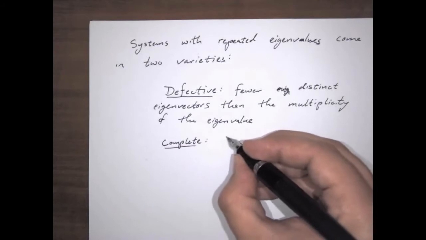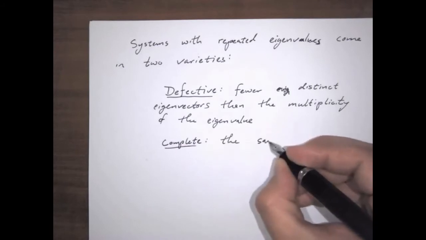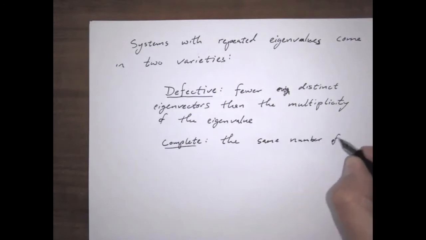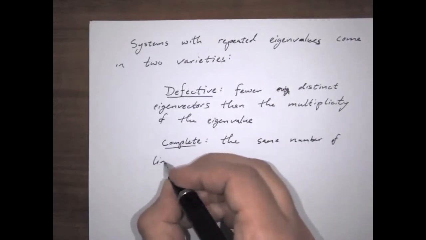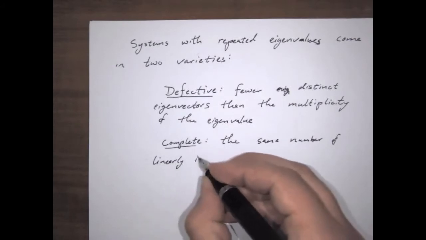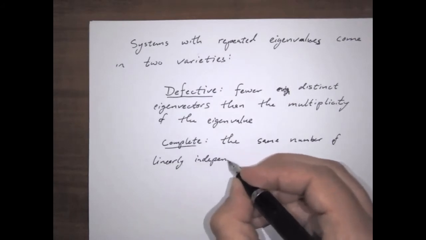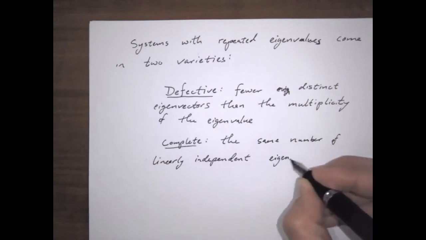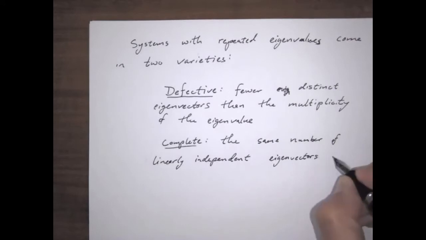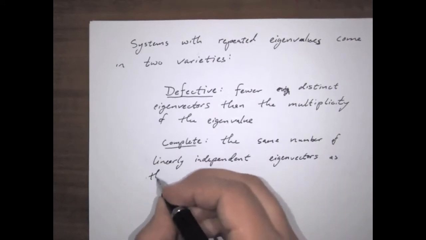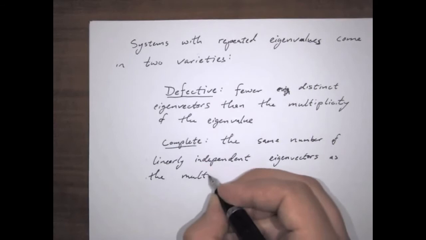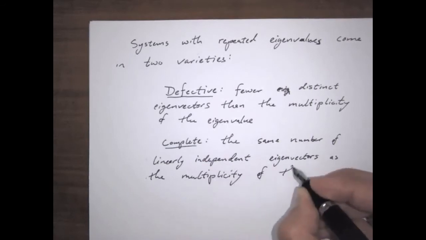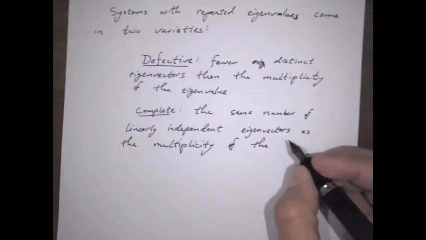These have the same number of linearly independent eigenvectors as the multiplicity of the eigenvalue.